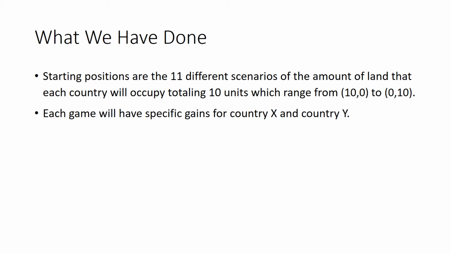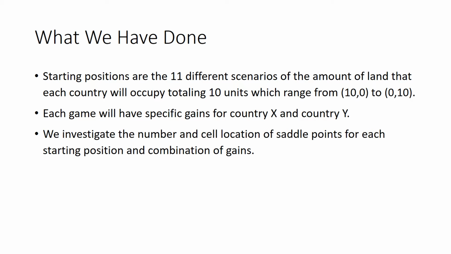Each game will have specific gains for country X and country Y. And we will investigate the number and cell location of saddle points for each starting position and combination of gains.